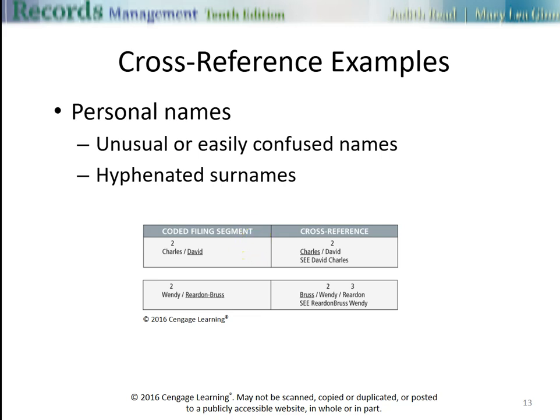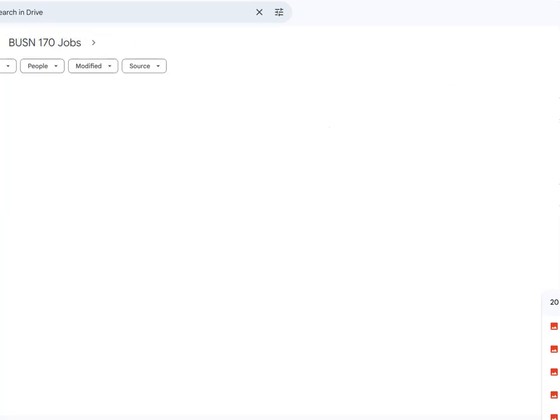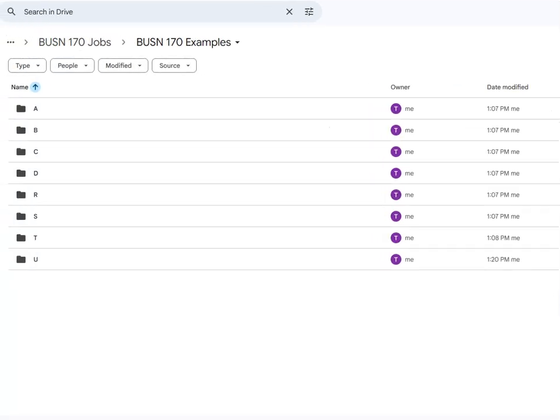And so I'm going to pull up an example of this. So let's say that we have these folders here, and we're looking for someone's record, but we don't know if David is the first name or the last name.